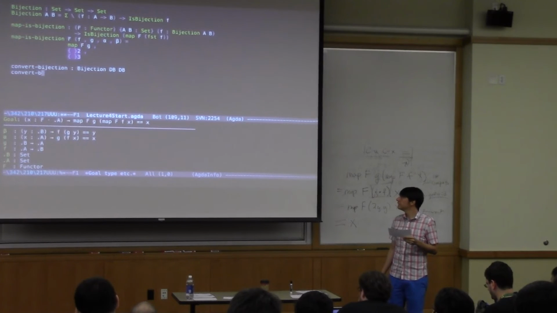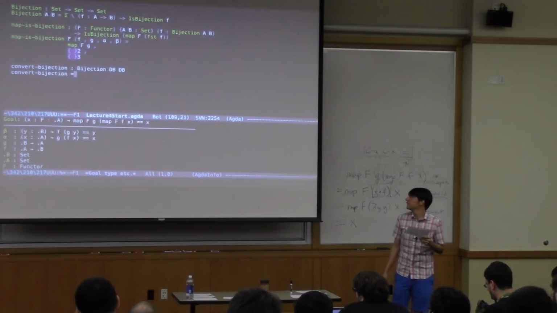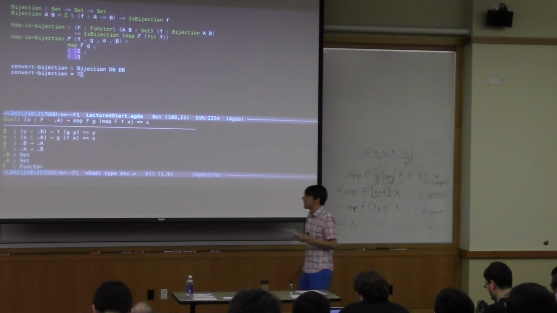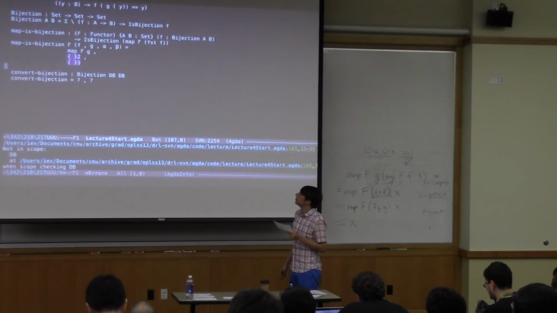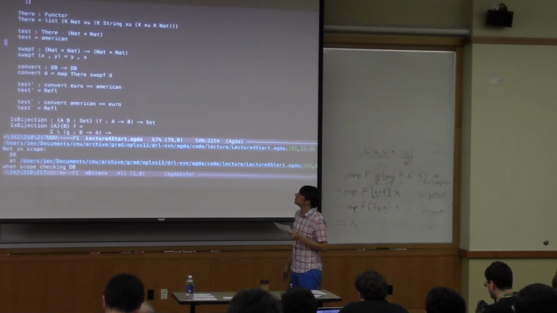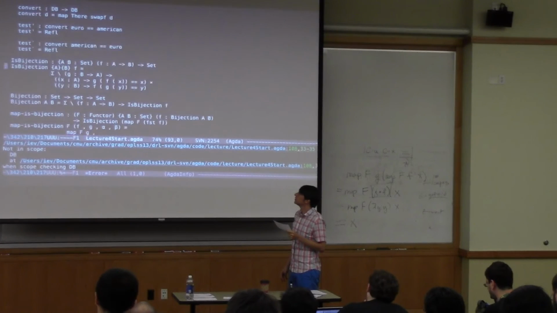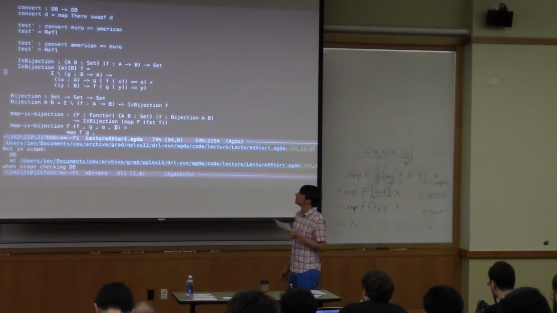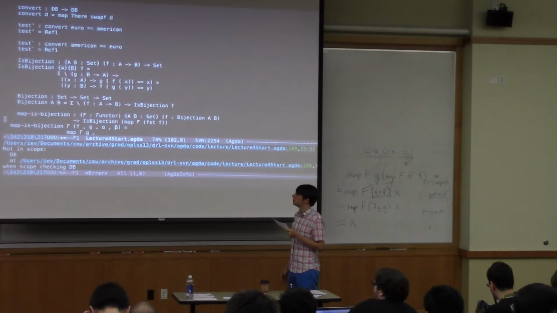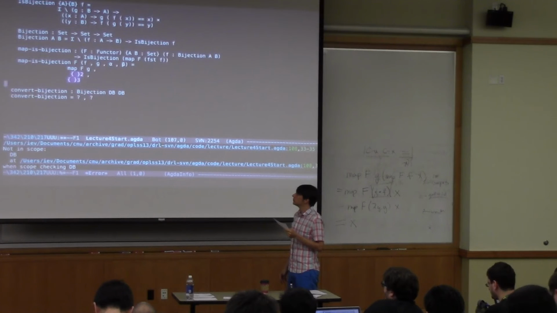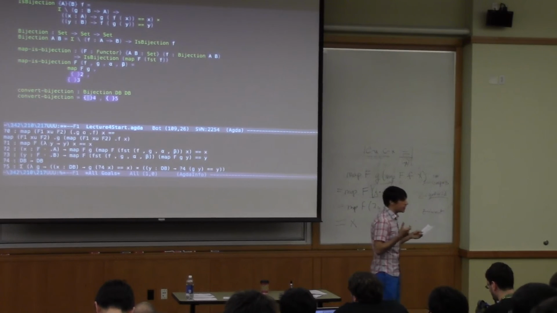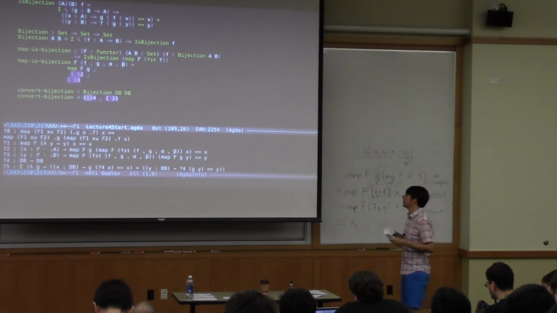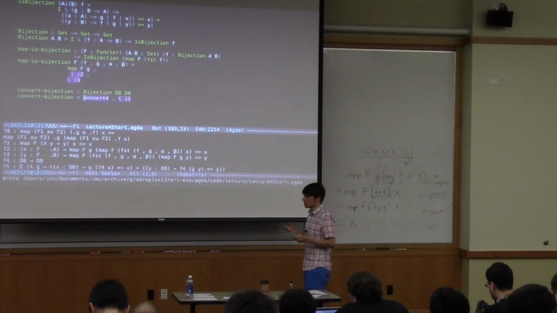And the bijection between databases is going to be given by convert. The first component of that is convert, because it's convert that I want to show is a bijection.